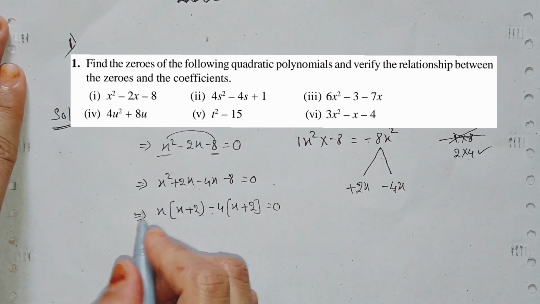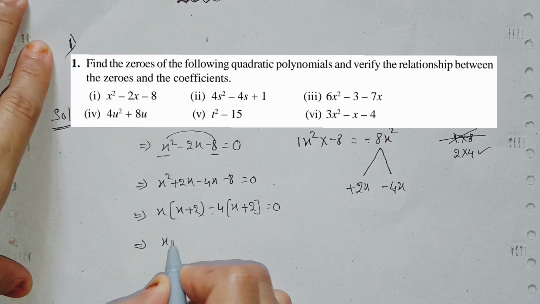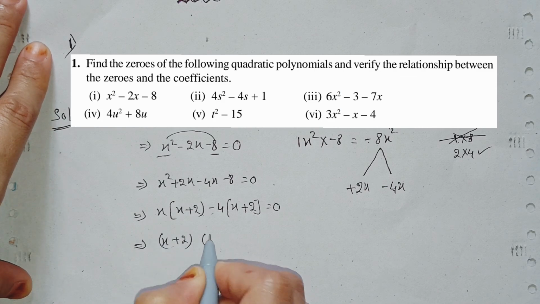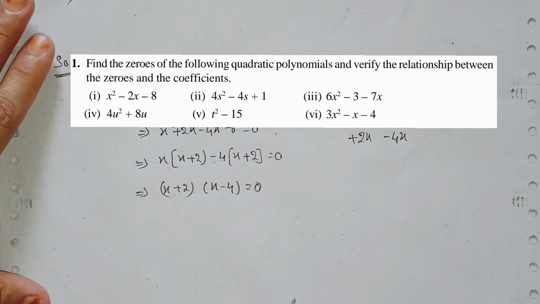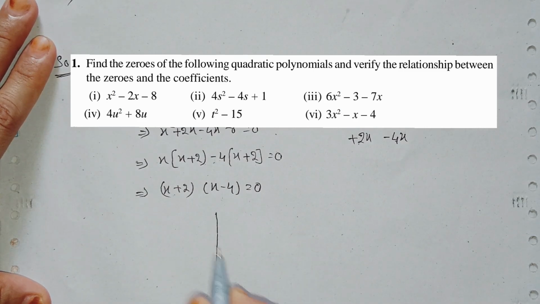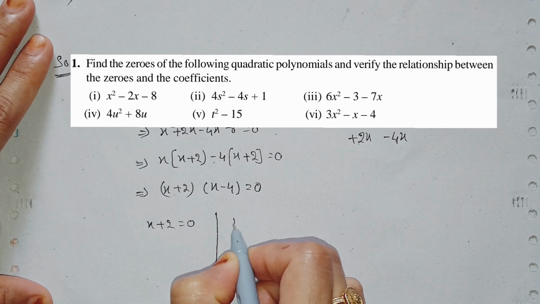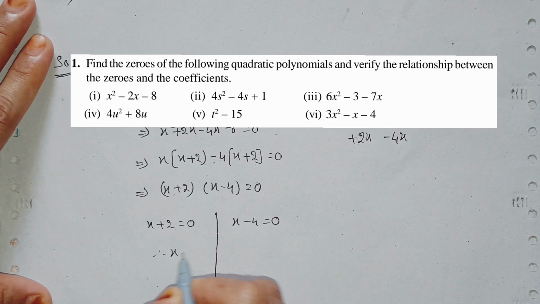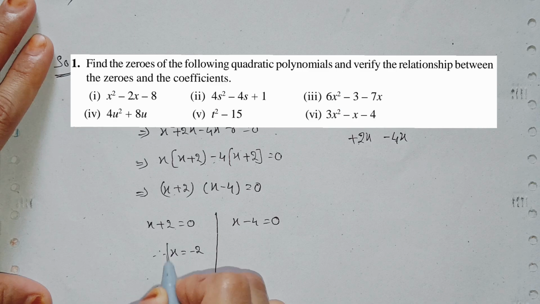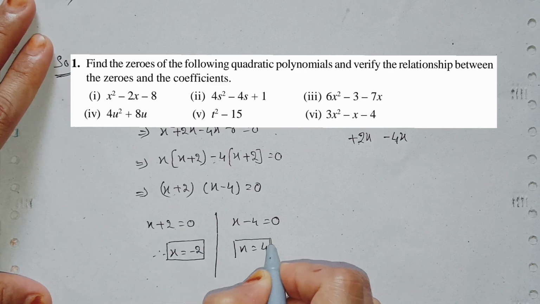If you see this carefully, here also x plus 2 is common, so x plus 2 into x minus 4 equal to 0. Here we are getting two conditions, which are x plus 2 equal to 0 and the second condition x minus 4 equal to 0. Therefore I got x as minus 2, which is one zero, and x equal to 4, which is another zero.